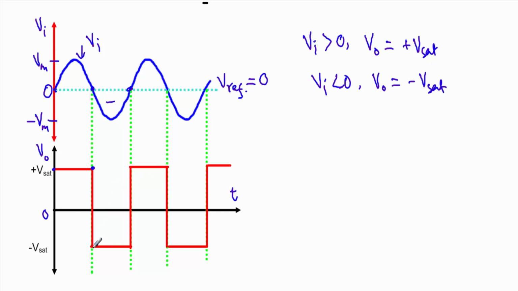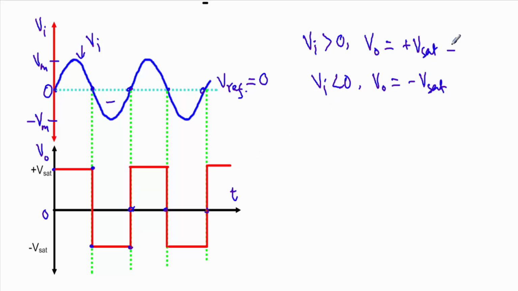So from this interval to this interval, our operational amplifier will be in negative saturation, and the similar thing repeats for the upcoming half cycles. From this interval to this interval, it will be in positive saturation, and from this interval to this interval, in negative saturation if Vi is less than 0.